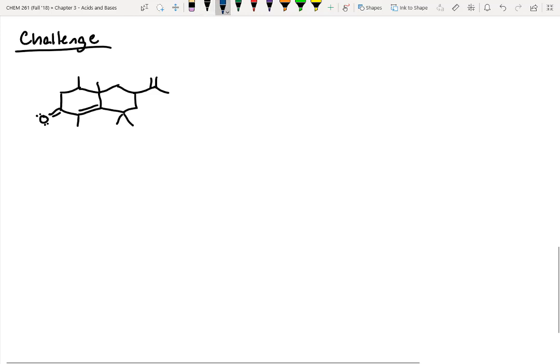We've got a blue proton off this position, green protons coming off that position, and we'll add in 2 red protons over here. Let's determine which of these proton sets is going to be more acidic. Is the red proton going to be most acidic? Is the blue proton going to be most acidic? Or is one of the green protons going to be the most acidic?